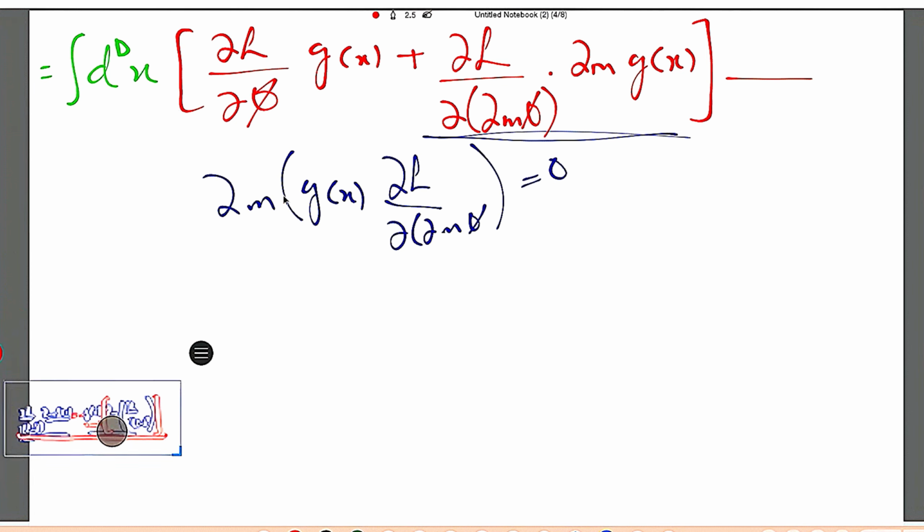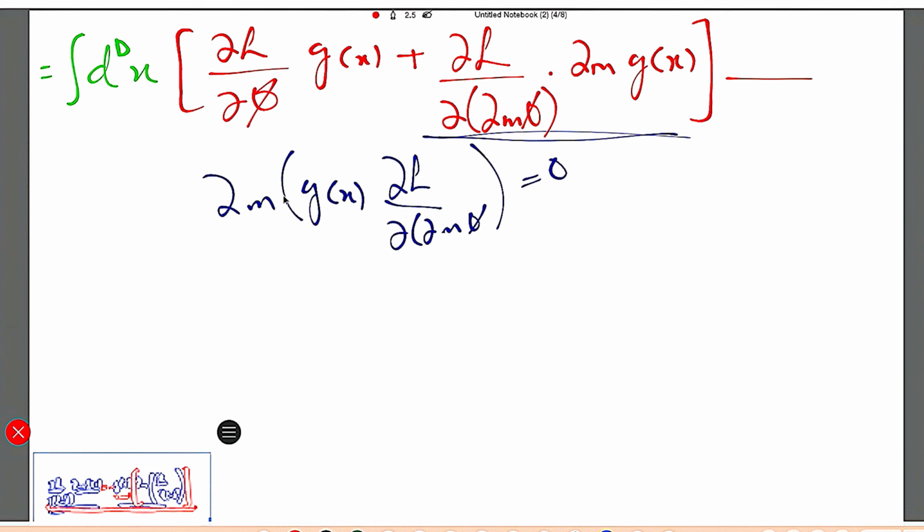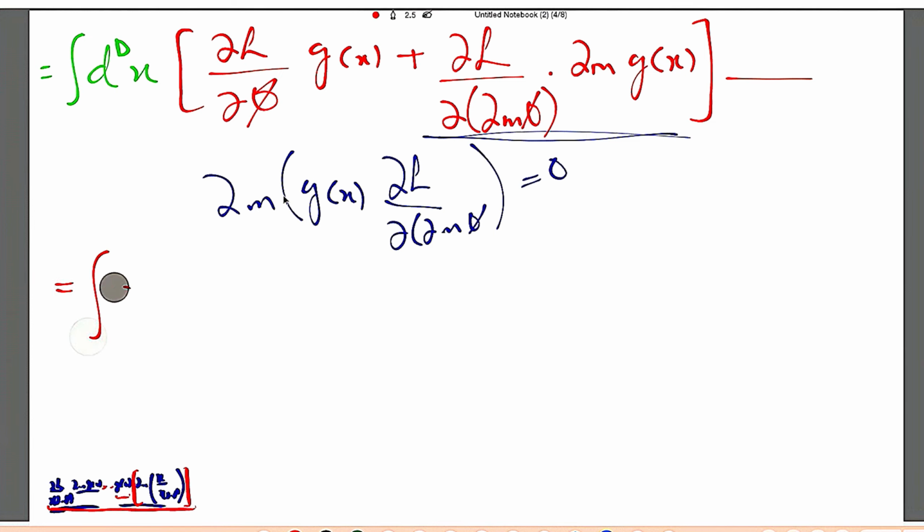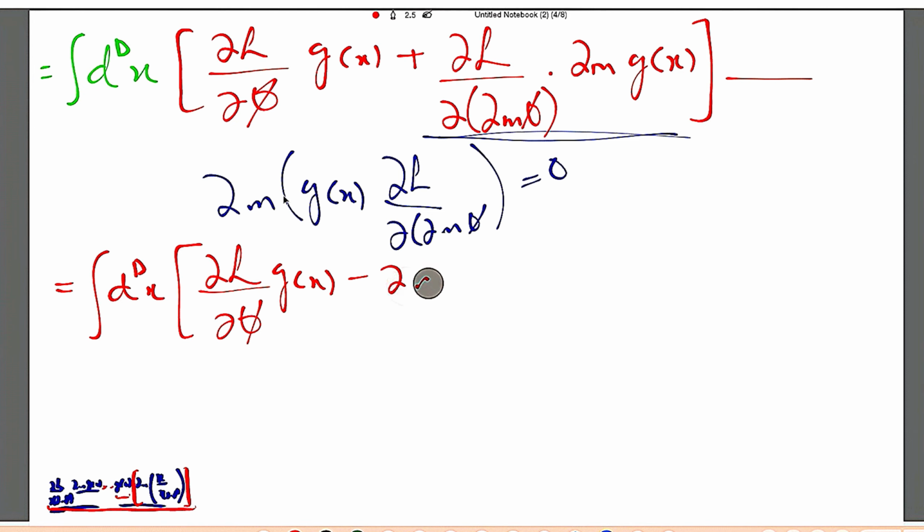Okay, we know what it equals to. So that is equal to d/dx, partial of the Lagrangian density, g of x, minus, it will be minus now, the derivative of partial L by partial m phi.